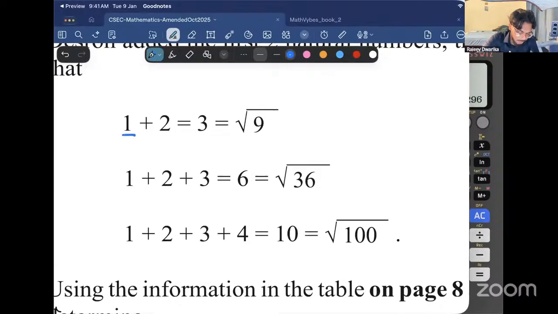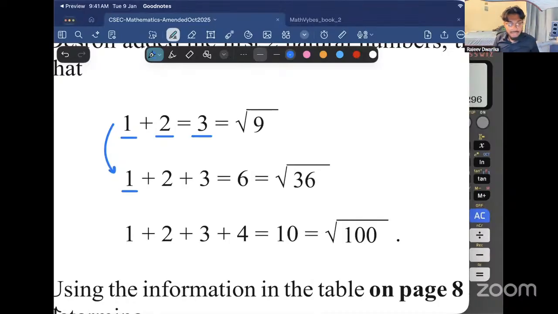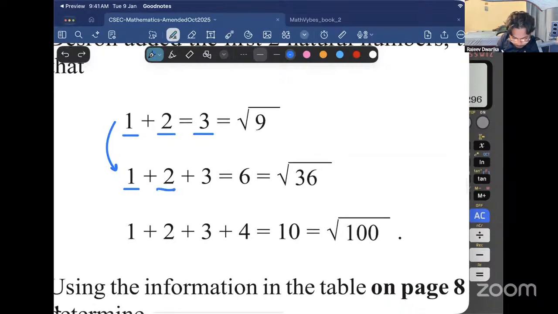We add 1 and 2, and what do we get? 3. Okay. What do we do in the next iteration? We add the 3 with 1 and 2, which will be 6. Alright, so you add the next number in the sequence to make a series, and in the next iteration, you continue.